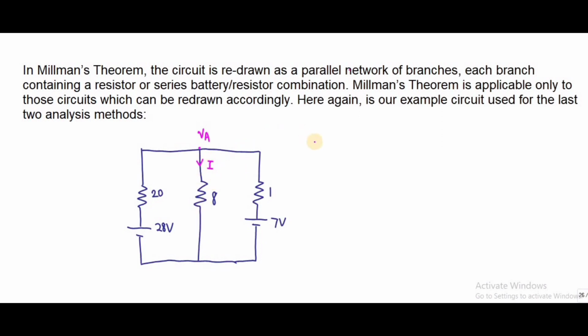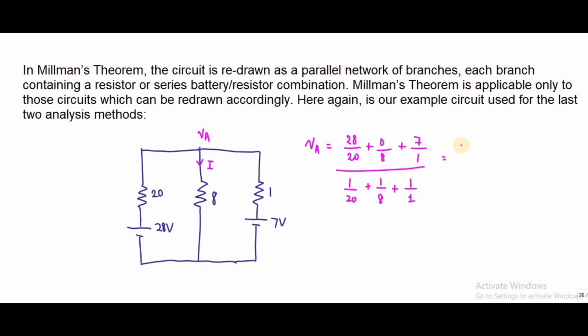From here to here, I can write VA is equal to, for this one it is 28, divided by the resistor value 20, plus here the voltage is 0 divided by the resistor value 8, plus here the voltage is 7 divided by 1, all divided by 1 divided by 20 plus 1 divided by 8 plus 1 divided by 1.